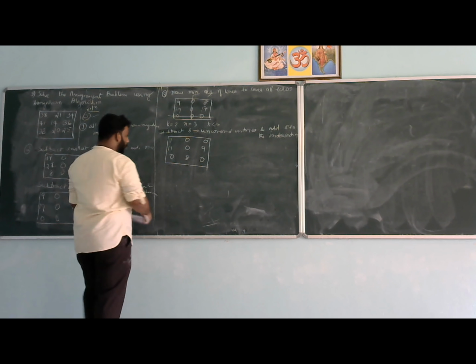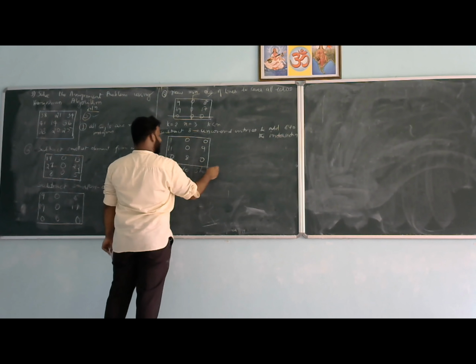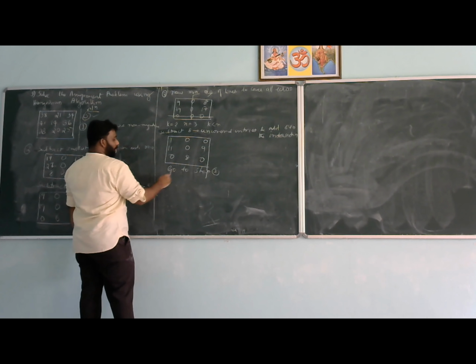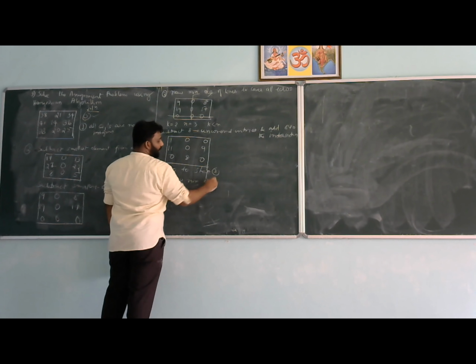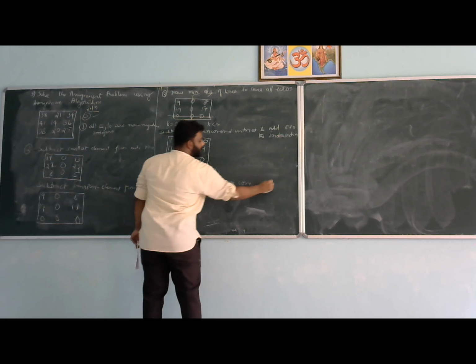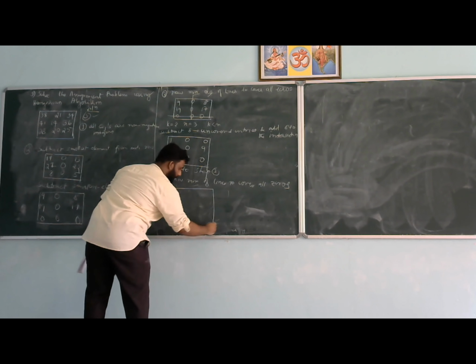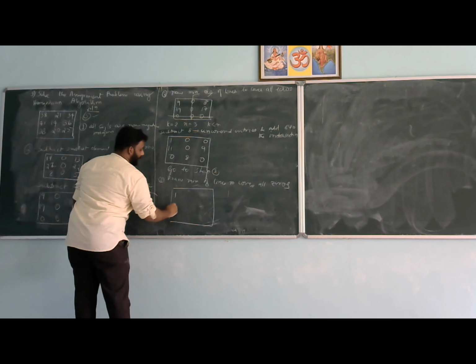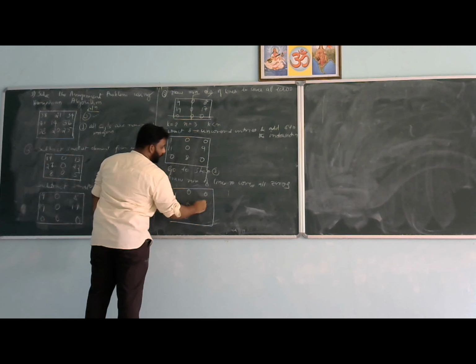Now go to step 3. What is step 3? Draw the minimum number of lines to cover all zeros. Your table is 1, 11, 0, 0, 0, 8, 0, 9, 0.